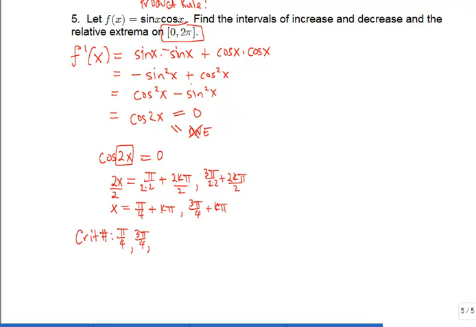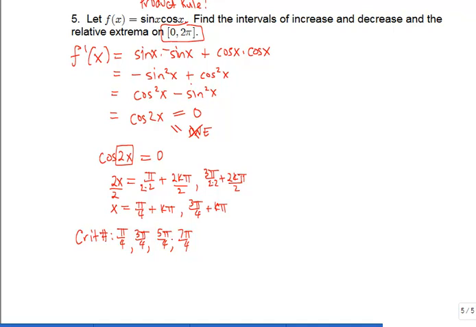If k is 1, pi over 4 plus pi is pi over 4 plus 4 pi over 4, or 5 pi over 4. And if I let k be 1 here, 3 pi over 4 plus pi is 3 pi over 4 plus 4 pi over 4, or 7 pi over 4. And these are actually all the pi over 4 angles in each of my 4 quadrants. So if I were to let k be 2, then I'm going to be outside of this interval. So I can stop here.